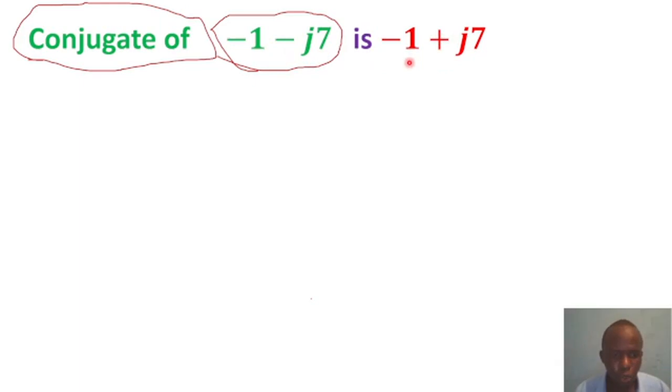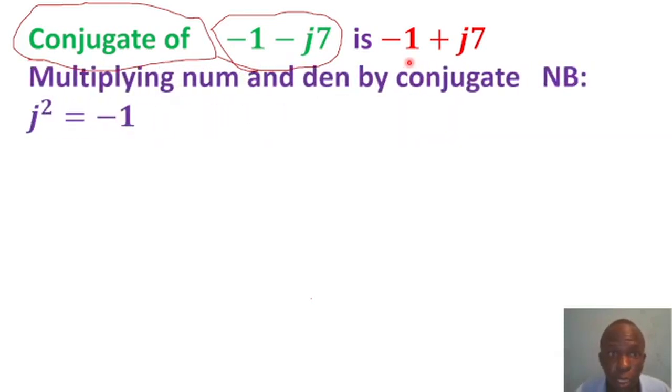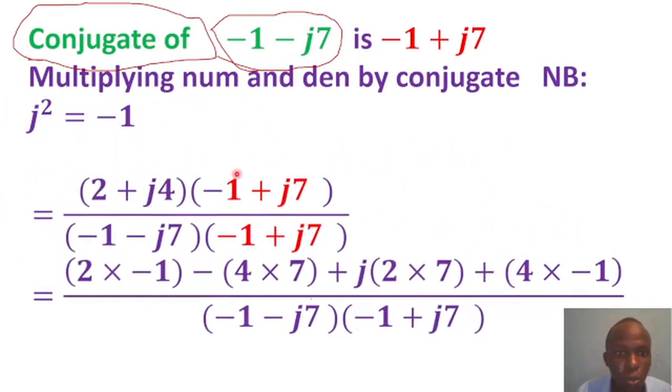So for us to make sure that the denominator does not bear the j, the concept of j squared is -1. So that has to be noted. So to remove the j from the denominator, this is what you do. You multiply with the conjugate surd, this one here.